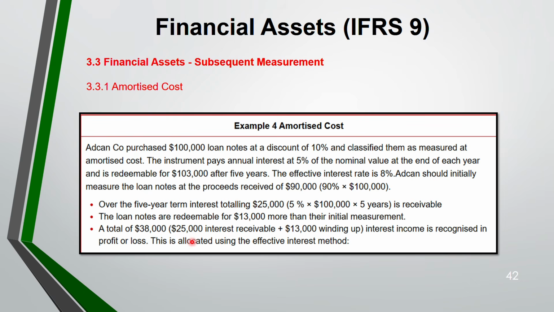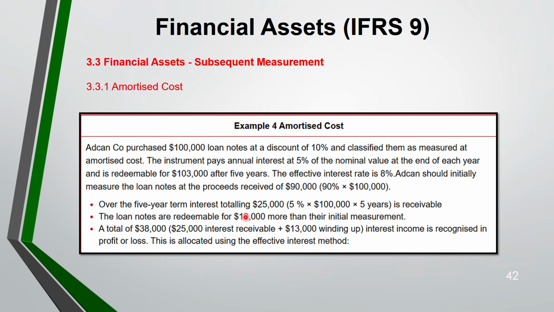This is allocated using the effective interest method. If you see, how much interest for the 5 years is 25,000. This instrument is paying you annual interest at 5%. When you are giving this 100,000 loan to someone, you are going to get 5% interest on that amount. So 25,000 interest receivable, plus the 13,000 gain.